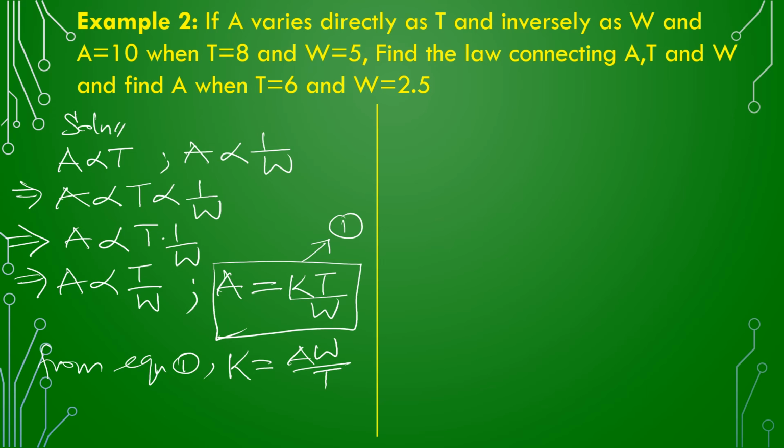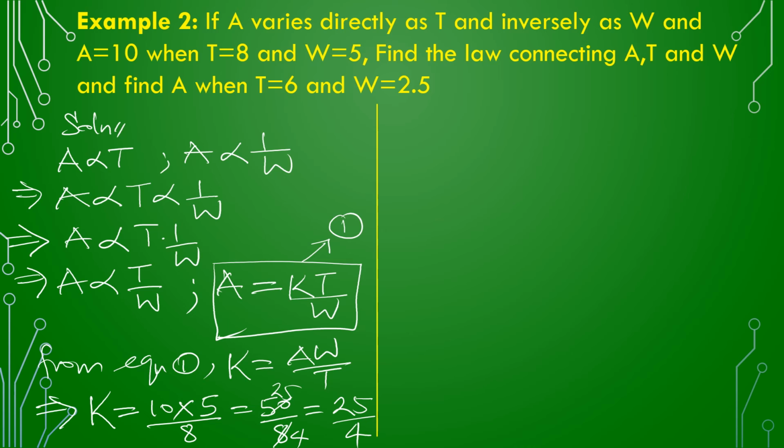Now, when you insert the figures, k is equal to a, which is 10, times w, which is 5, over t, which is 8. k is equal to 50 over 8. 2 here, 4; 2 here, 25. So k is equal to 25 over 4.